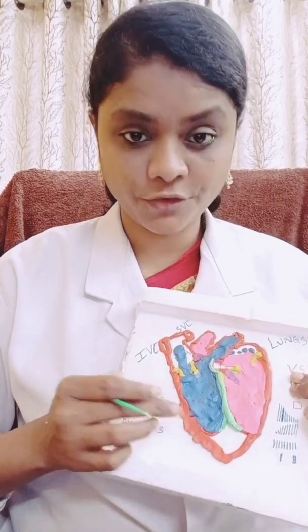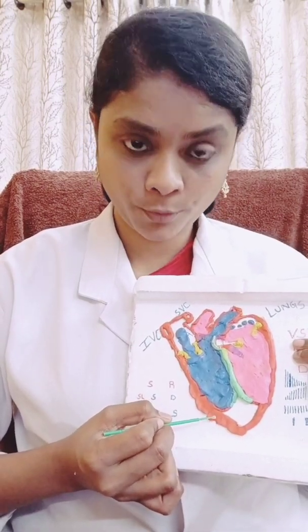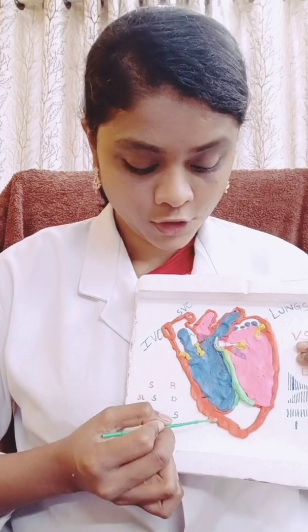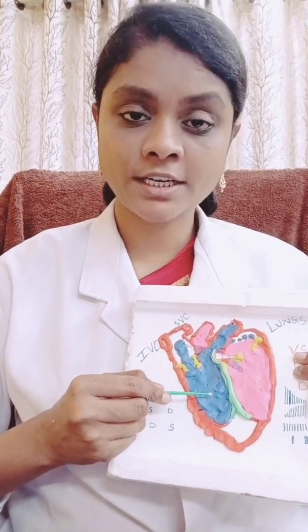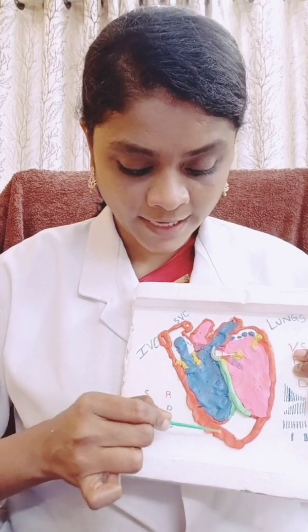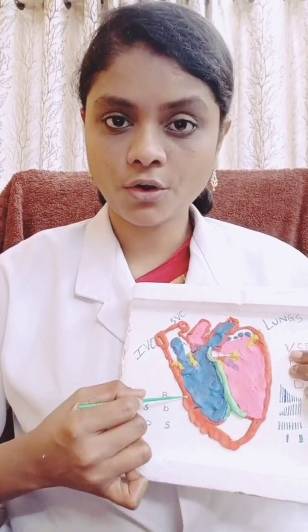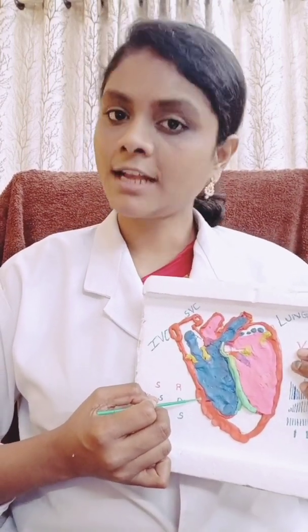You can see there is hypertrophy of the right ventricle because of the effort it has to put in to push the blood into the lungs through this stenosed pulmonary artery. To compensate for that contraction and heavy effort, the right ventricle will become thickened or hypertrophied. So this is the second point in tetralogy of Fallot, right ventricular hypertrophy.